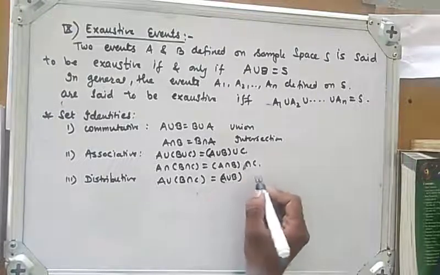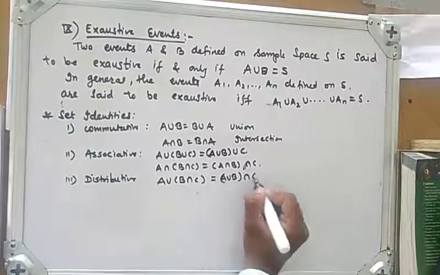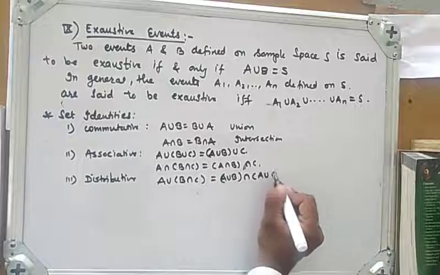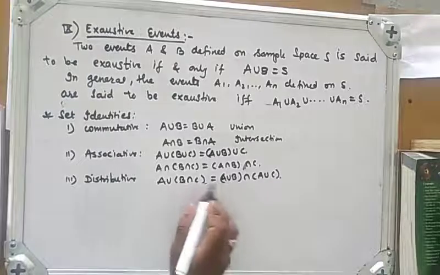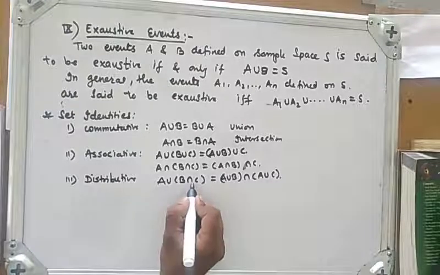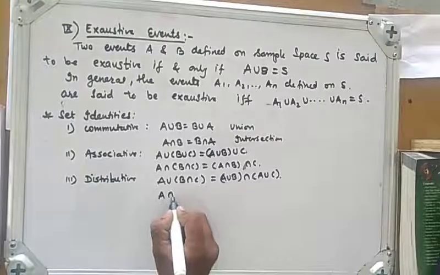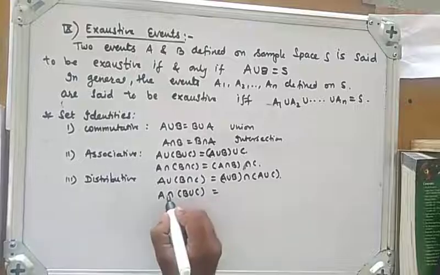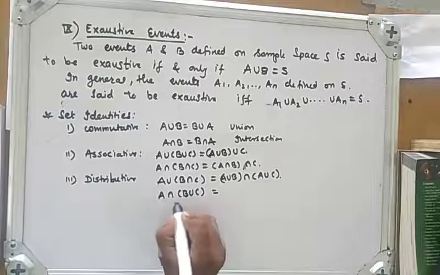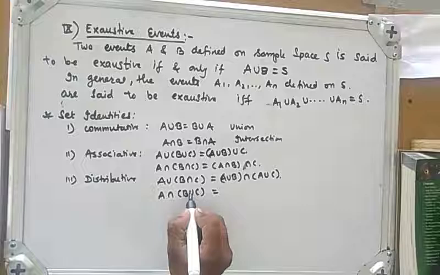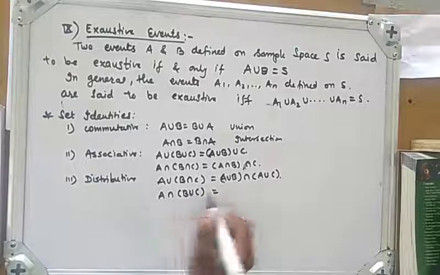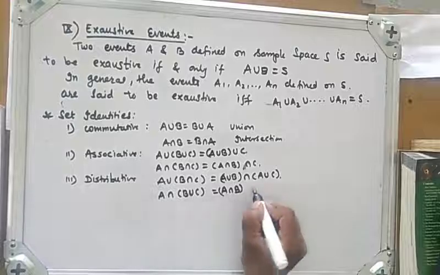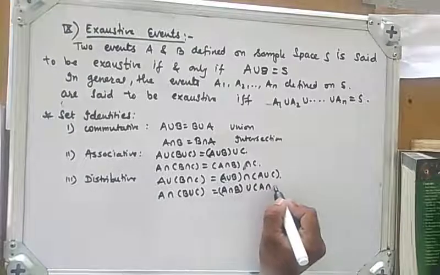Similarly, A intersection (B union C) is equal to (A intersection B) union (A intersection C). So in the bracket both are union.